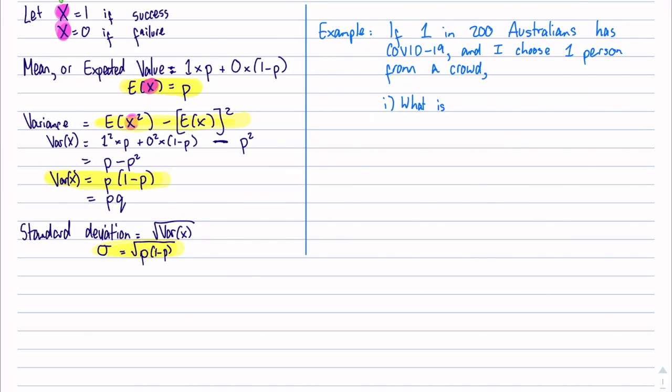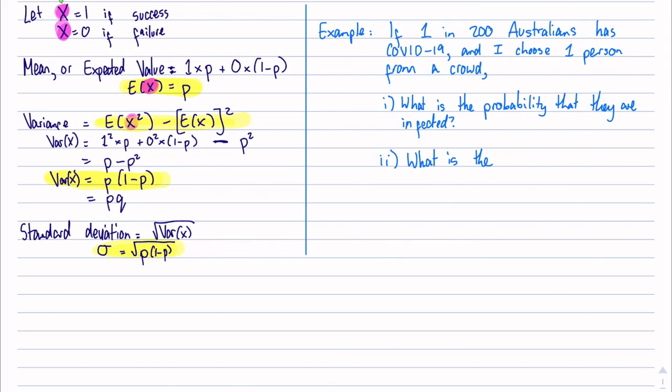Is the probability that they are infected. Number 2, what is the mean?